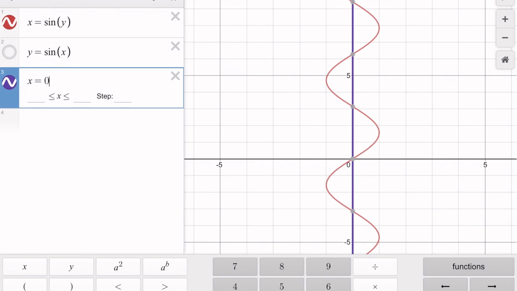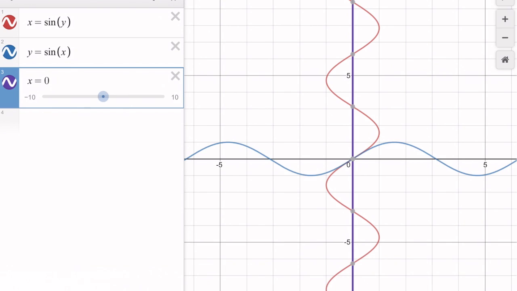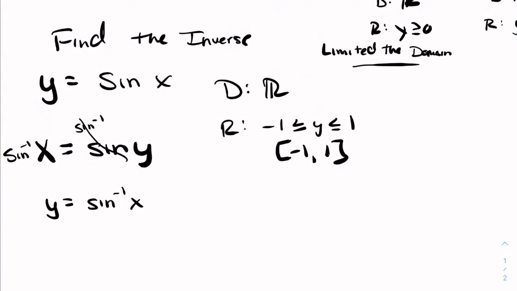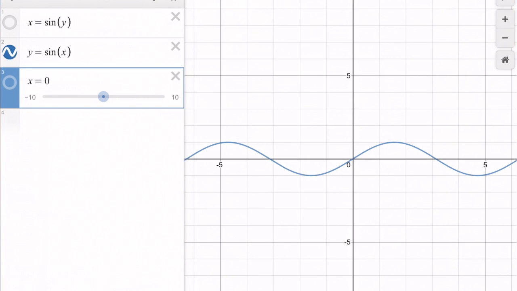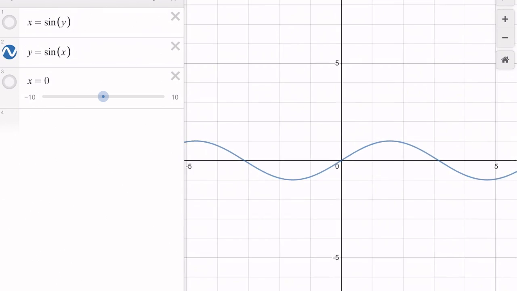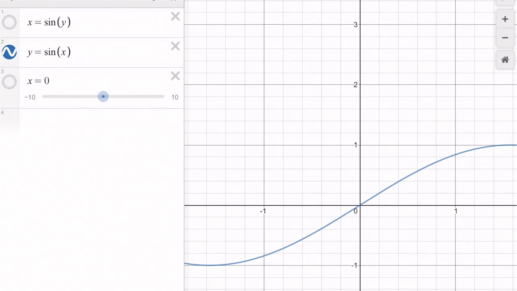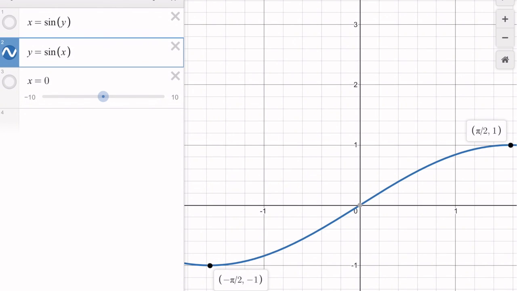So what we have to do is restrict the domain of our function in order for it to be invertible. Just like we did with y equals x squared, we restrict the domain of the sine function until it passes the horizontal line test. If we zoom in closer and closer, we see that if we restrict our domain from -pi/2 to +pi/2, this is now a 1-to-1 function.